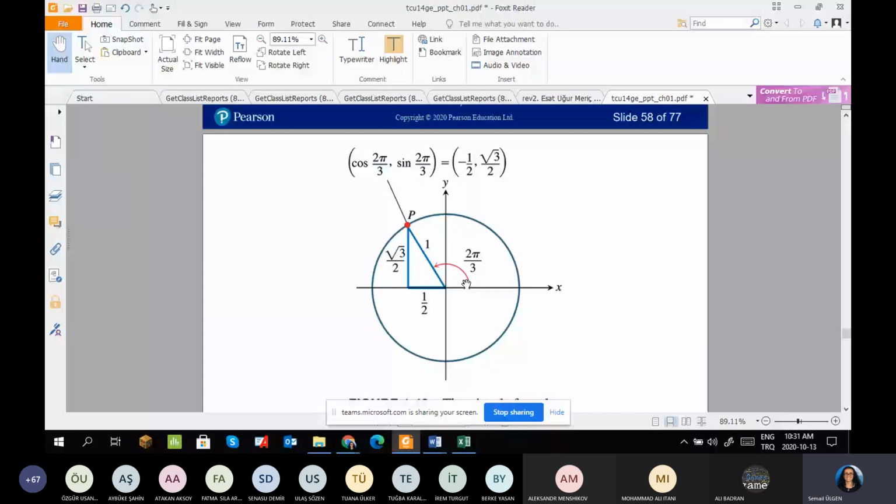Sine 2 pi over 3 is the same as sine pi over 3, which is opposite over hypotenuse, square root of 3 over 2 over 1, and you get that. Okay, that's how you do it.